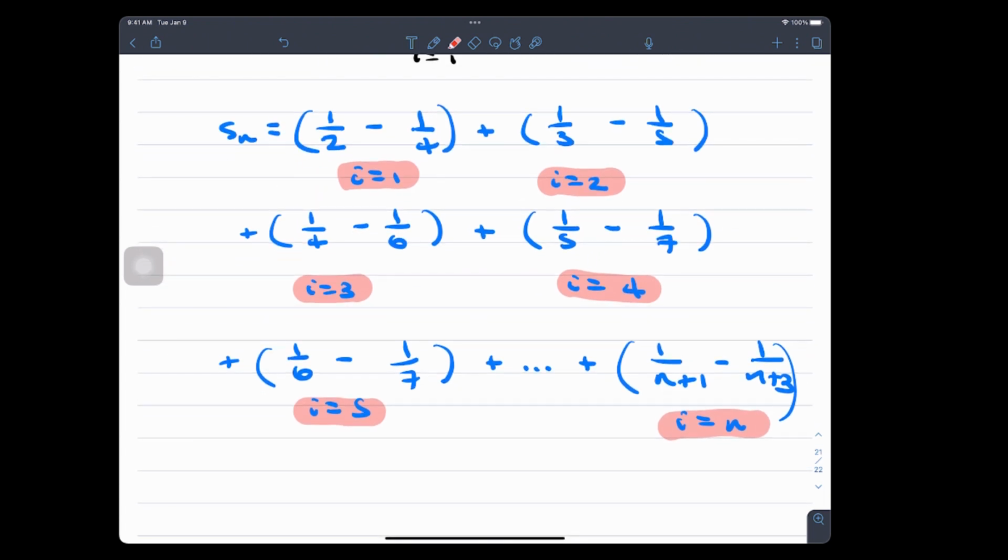So this is what our sequence of partial sums looks like. Remember, we want a closed form. Some of these terms are going to collapse, right? So you can get rid of your parentheses if you need to, or you can keep them, doesn't matter.